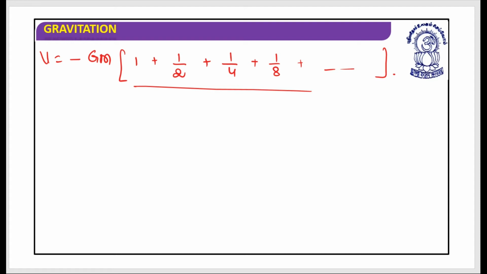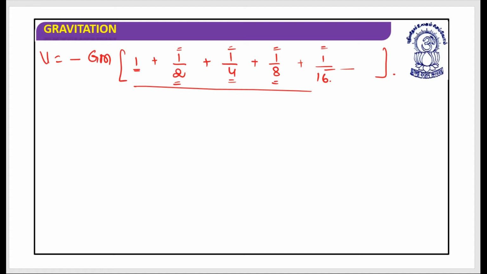If you look at this very carefully, you might get an idea. Take a ratio of these two terms, 1 and half, it's 1 by 2. Take a ratio of these two, 1 by 2, 1 by 4, again 1 by 2. Take a ratio of 1 by 4, 1 by 8, again 1 by 2. The next term will be 1 by 16, and 1 by 8 to 1 by 16 is again 1 by 2.